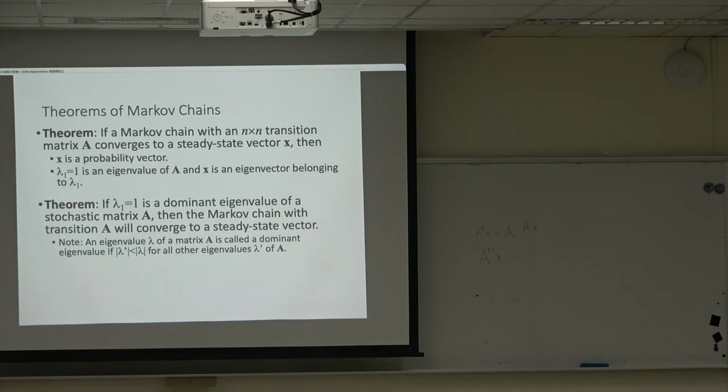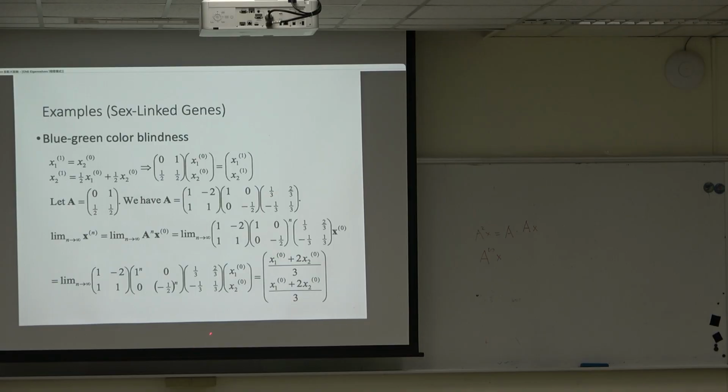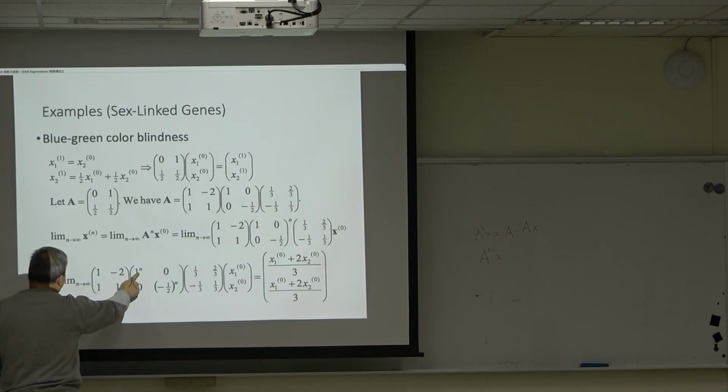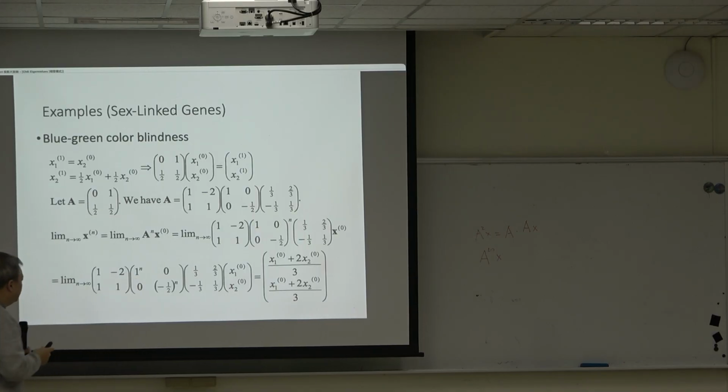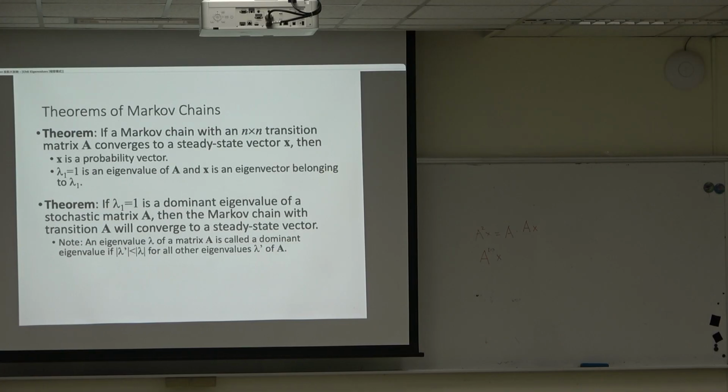Because when n becomes large, all the eigenvalues with absolute value smaller than 1 will vanish. So the only one left is 1.